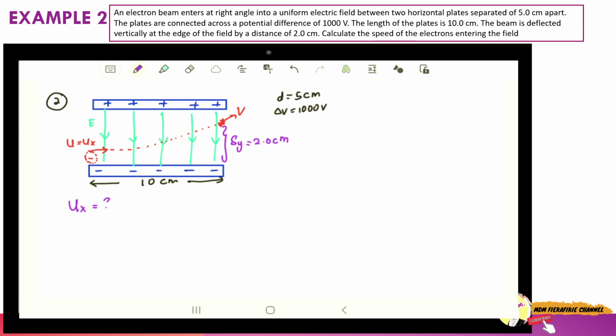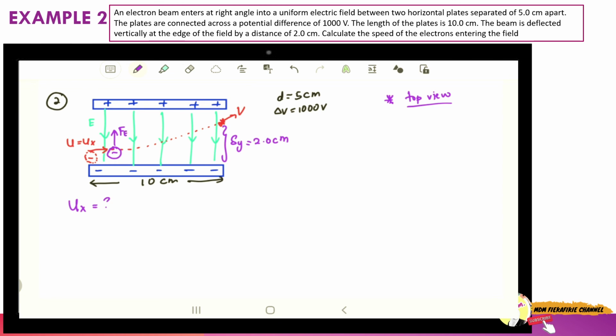Based on this diagram, let's consider this as a top view. We will do two methods later. When you consider this as a top view, when the electron enters the field, there is the electrostatic force that will attract the electron upward. So Fe.